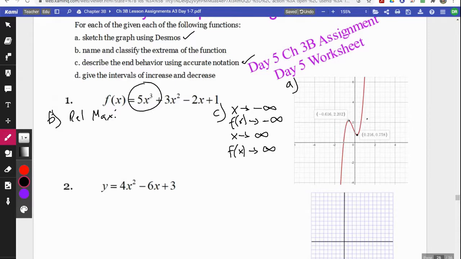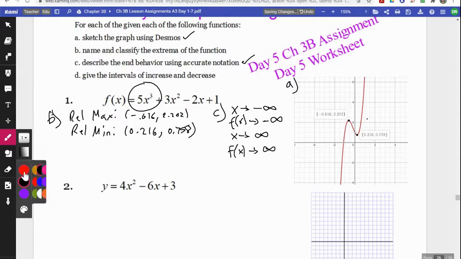So it's a peak, and it is at negative 0.616, 2.202. And the relative minimum is the valley. So it's the other critical point that is the dip, 0.216 and 0.758. Gosh, we should be really happy for Desmos right about now. It has done everything for us.